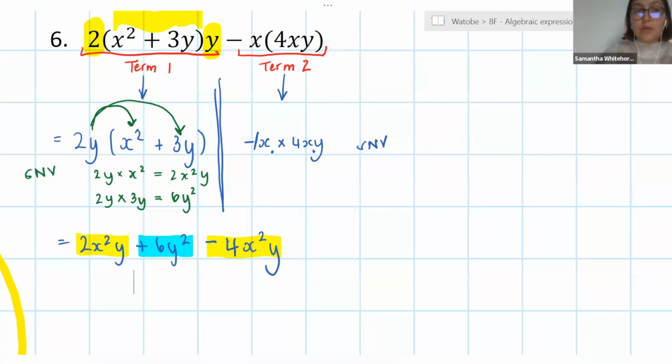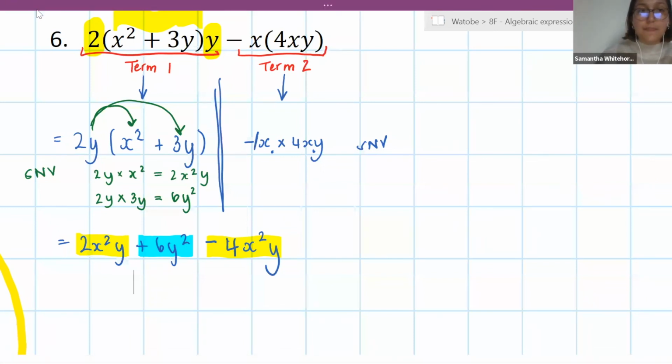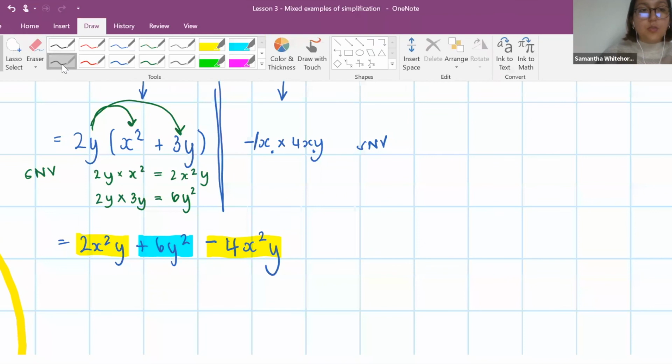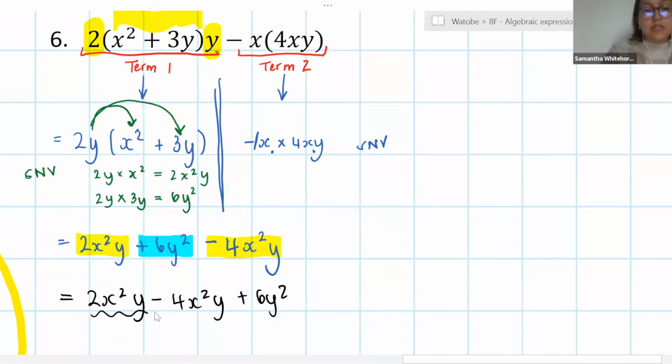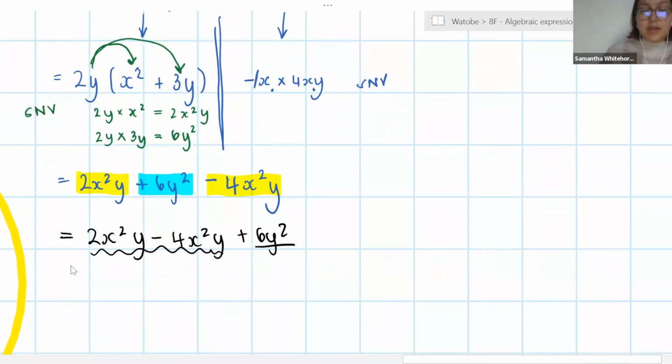So this is now where we put all our like terms together. If you want to, guys, you're welcome to rewrite this so that your like terms are next to each other. So if you want to write it as 2x squared y minus 4x squared y plus 6y squared, you're welcome to. And then you can see that your like terms are together. And then we just add and subtract.